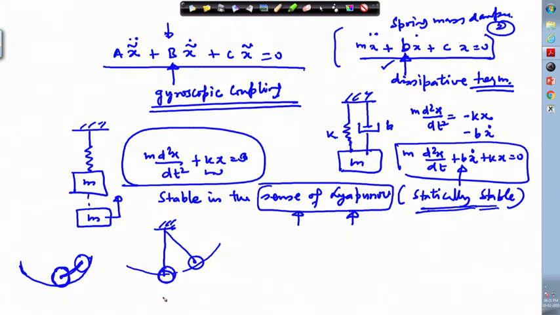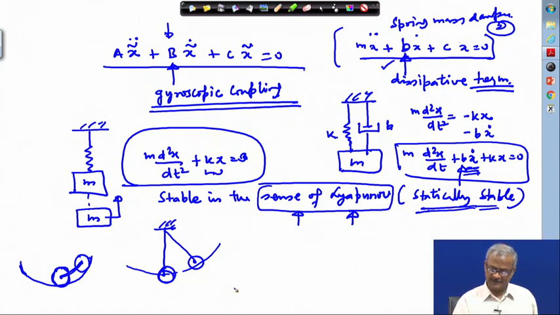What is happening exactly? It comes to this position because of the presence of this particular term. This is a dissipating term. Here it continuously loses its energy and therefore returns to the original equilibrium position.